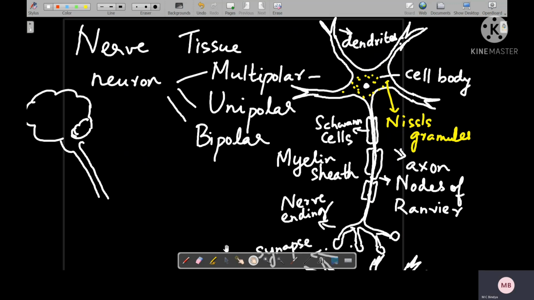And there are some cells too. There are some cells surrounding the neurons. These cells are called glial cells or neuroglial cells. Neuroglial cells are there to protect the neurons.